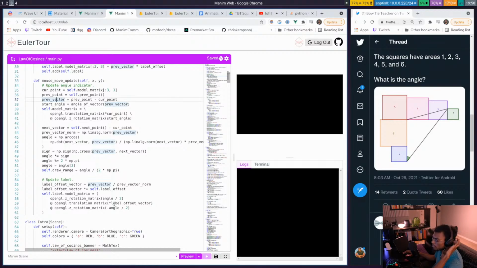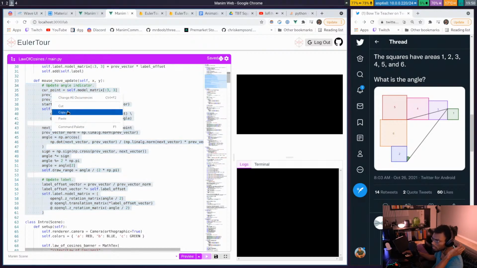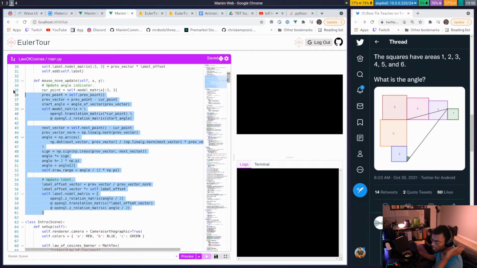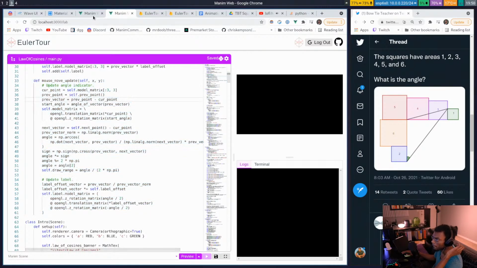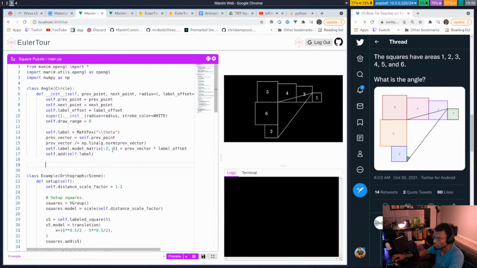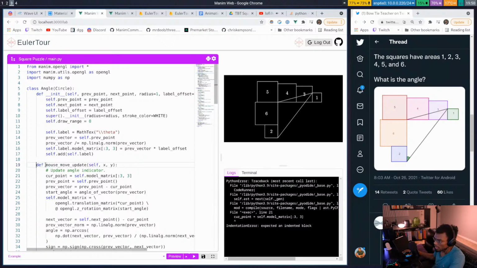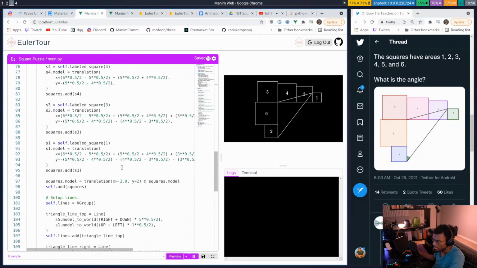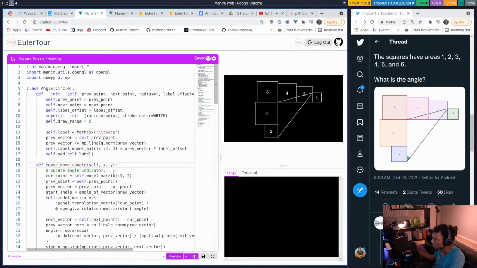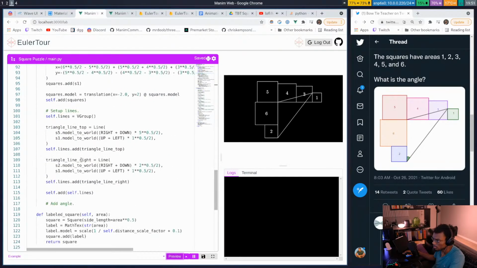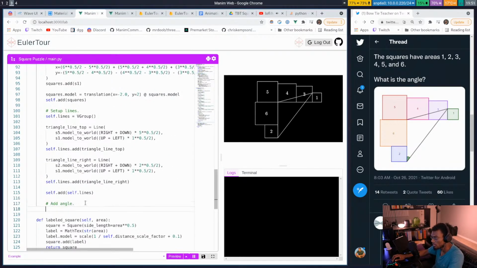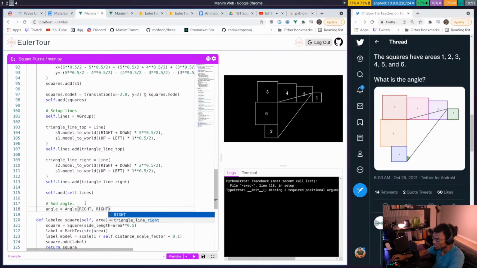Okay. Yeah, this is gonna need some probably heavy-ish refactoring. But I'll just paste this in like so, and try to just add in an angle, maybe it's the next point. Angle equals angle. I'll just put in right and then right plus up.